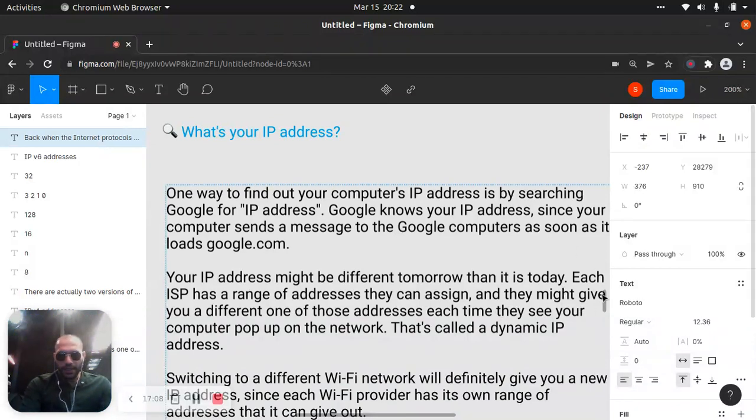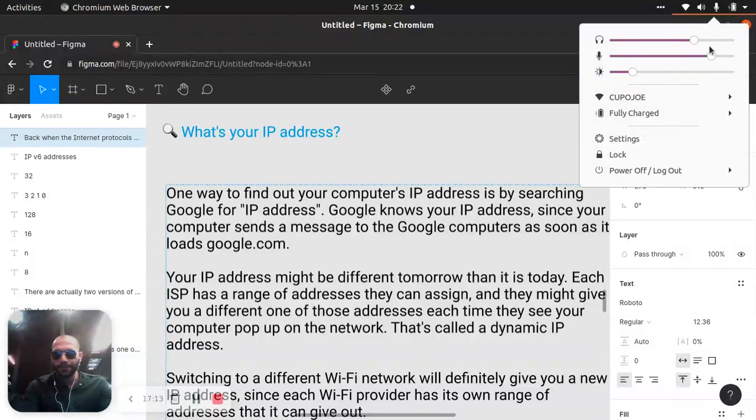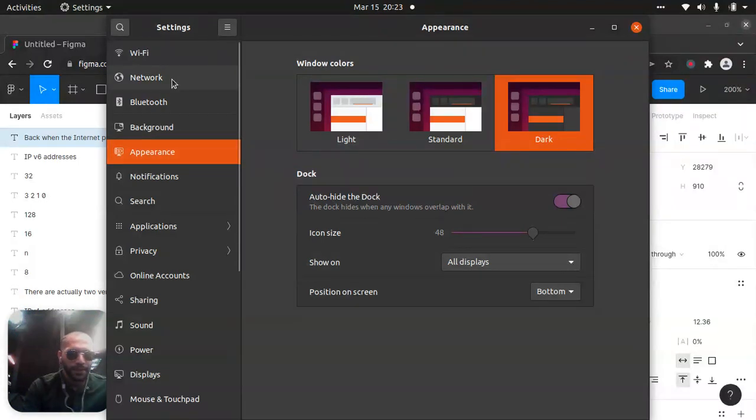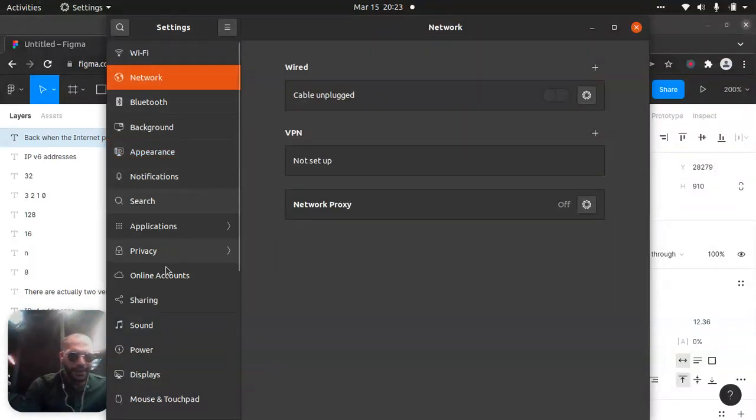So we will check it too, okay? We'll do all of them together. Maybe I can see something from here. IP address. Let's go to settings. Okay, until this page comes, we look here. Yeah, it's here. Let's go to network.